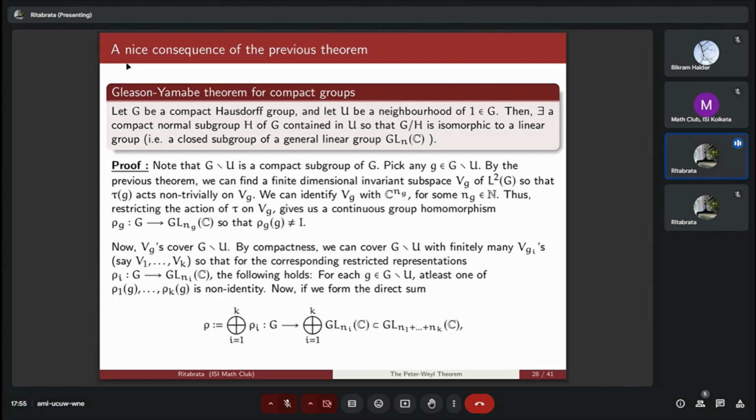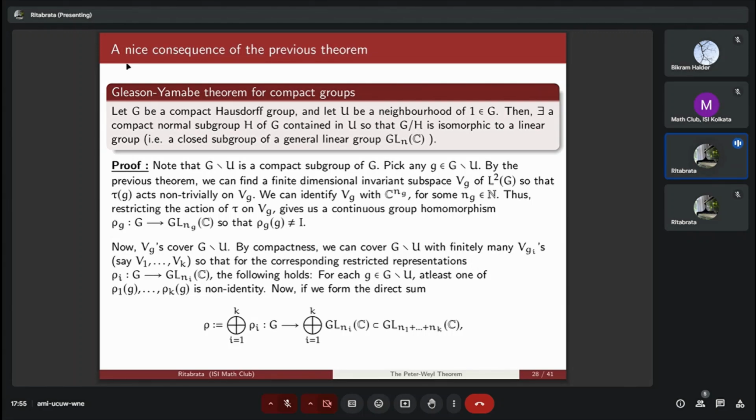Here we are giving a very similar theorem for compact groups. For a compact Hausdorff group, take any neighborhood around the identity element. There exists a compact normal subgroup H contained in that neighborhood, so that we lose only a small amount of information from the group.